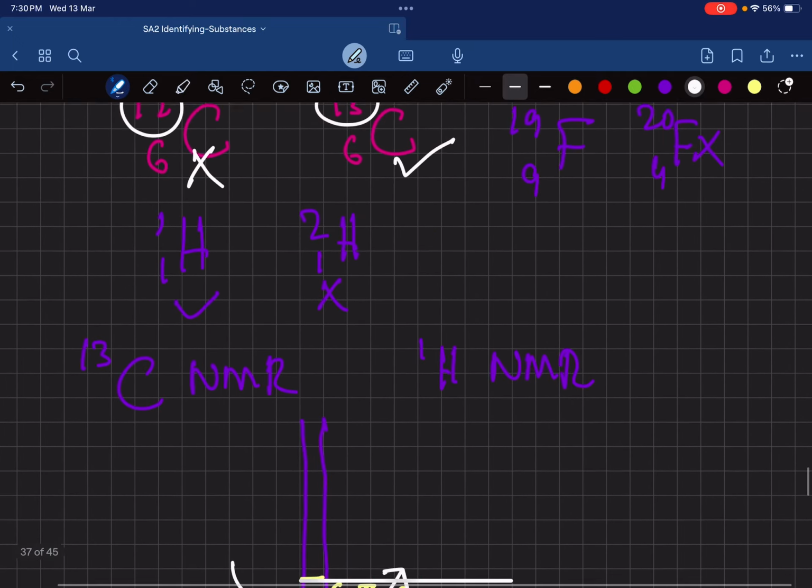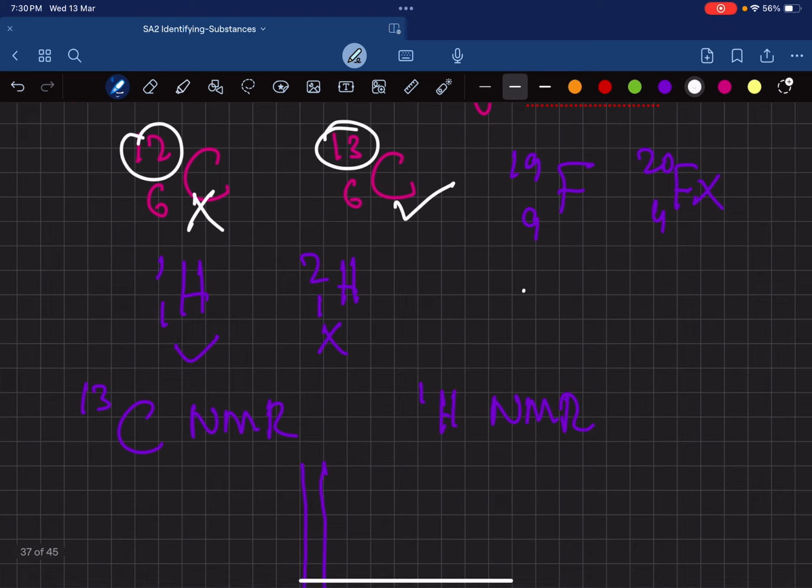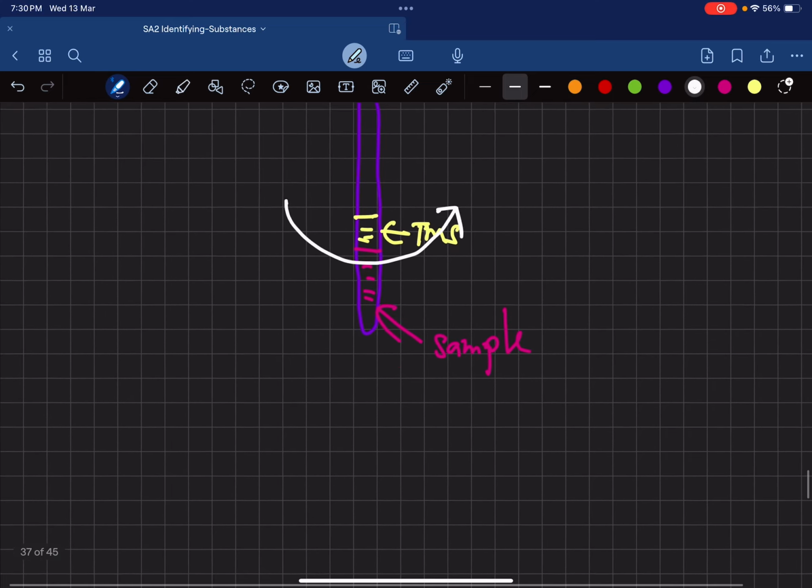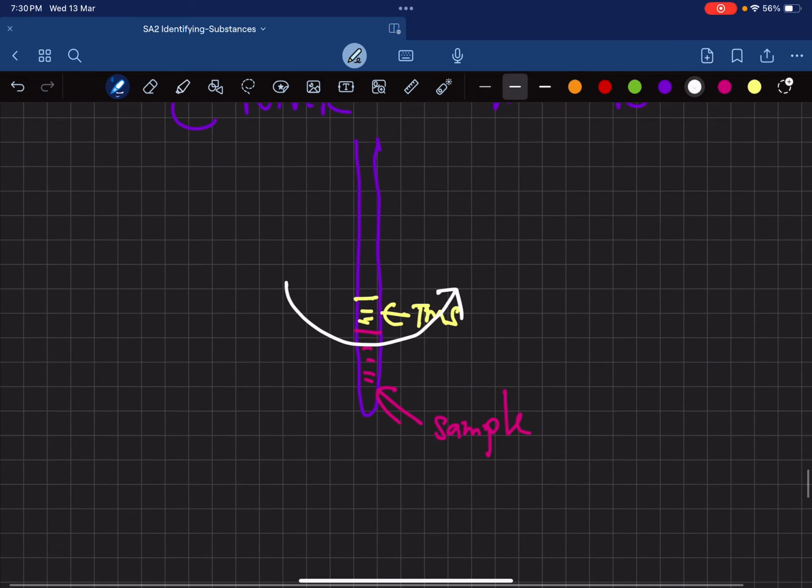What will happen is the protons, which are also charged particles, start spinning and start producing a magnetic field. While this is happening, this entire thing is kept in a very strong electromagnet, let's say north and south.